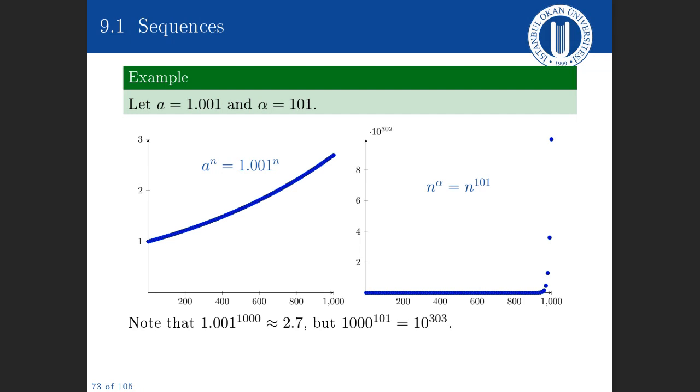Well, for example, let's suppose a is 1.001 and alpha is 101. Then the sequences look like this. They're both increasing. a to the power n is increasing quite slowly. 1.001 to the power 1000 is approximately 2.7, but 1000 to the power 101 is 10 to the power 303.